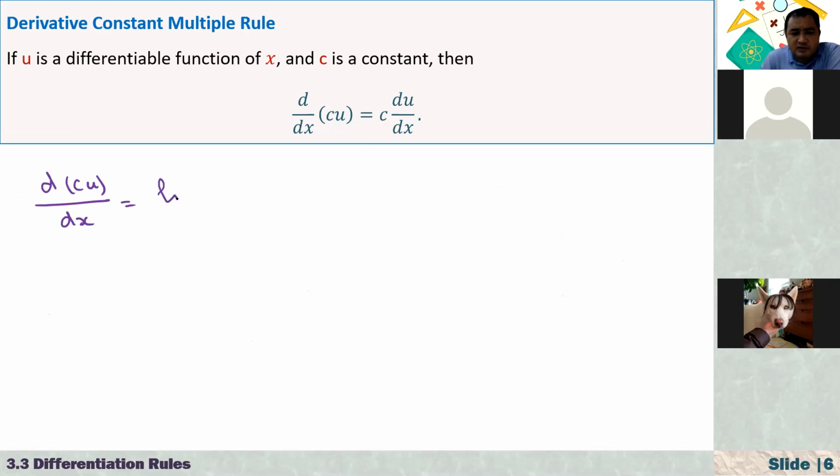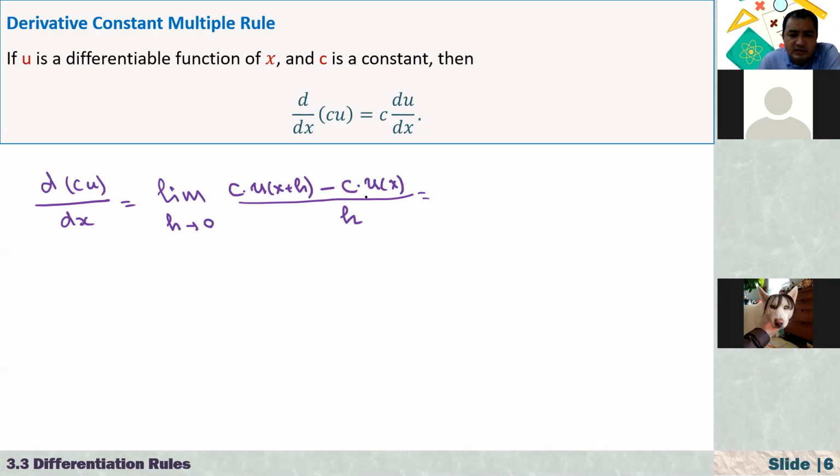And by the definition, that's just equal to the limit as h approaches 0. Our function is, let's say, c times u of x plus h minus c times u of x, over h.